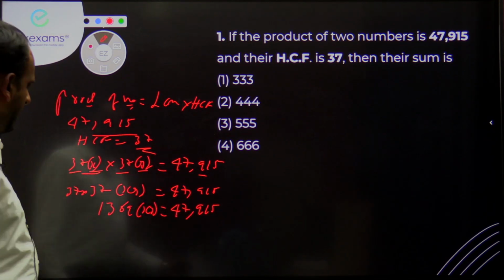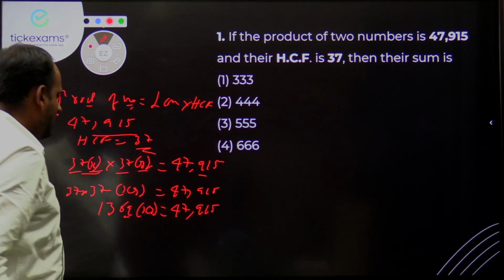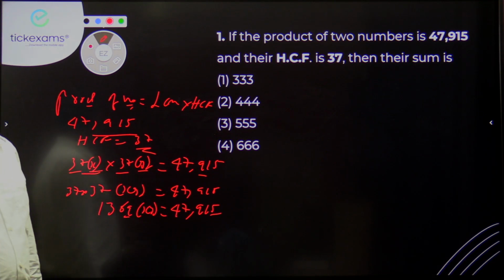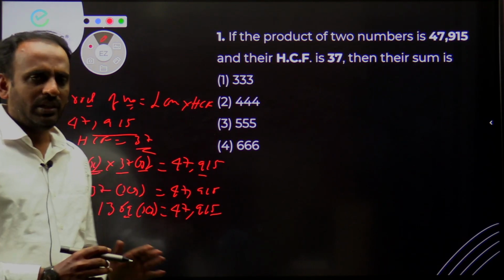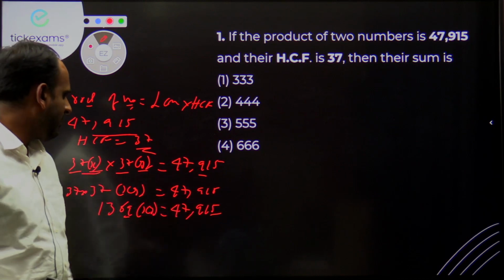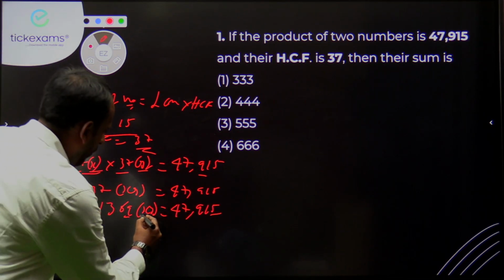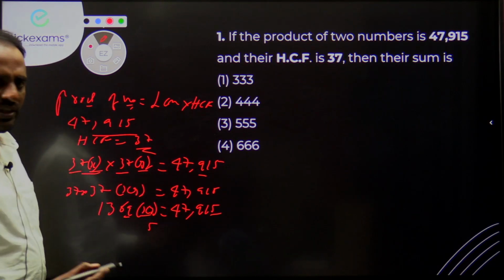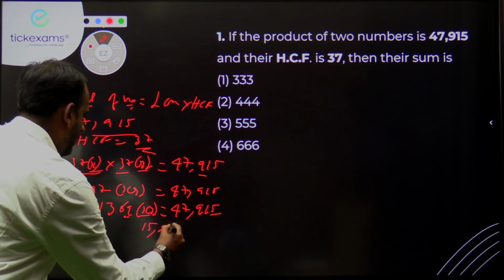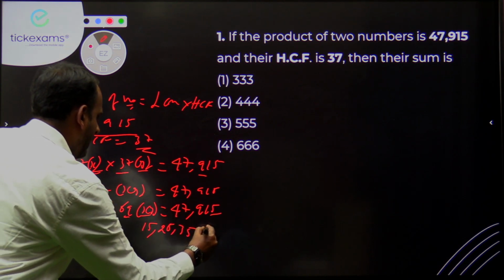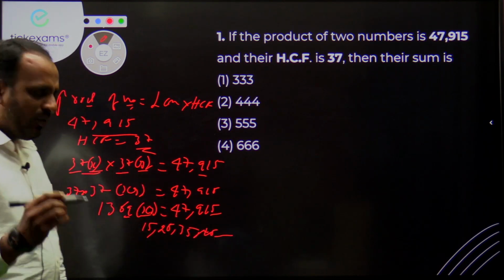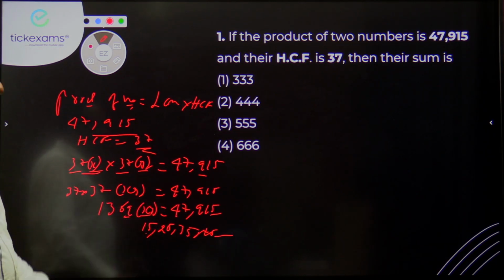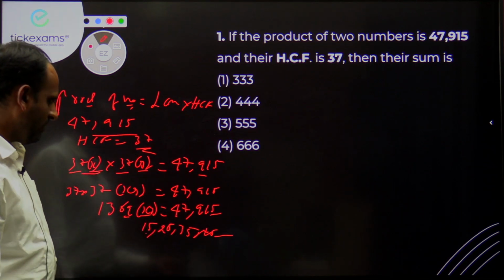Now, if you observe carefully, the unit digit in this number is 9 and the unit digit here is 5, which means this xy number should end with unit digit 5, which gives us options like 15, 25, 35, 45 and so on. So let us try to see which option we might have to use.